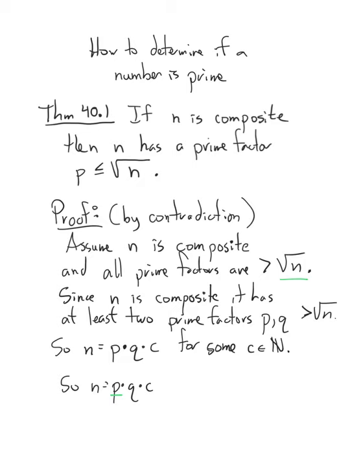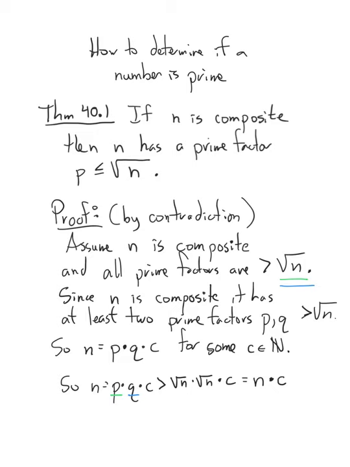And same with q. Q is also greater than square root n, so if I replace q with square root n, I get something smaller again. So I get something strictly smaller: square root n times square root n times c. And we can simplify that. Square root n times square root n is square root n squared, which is n, times c.